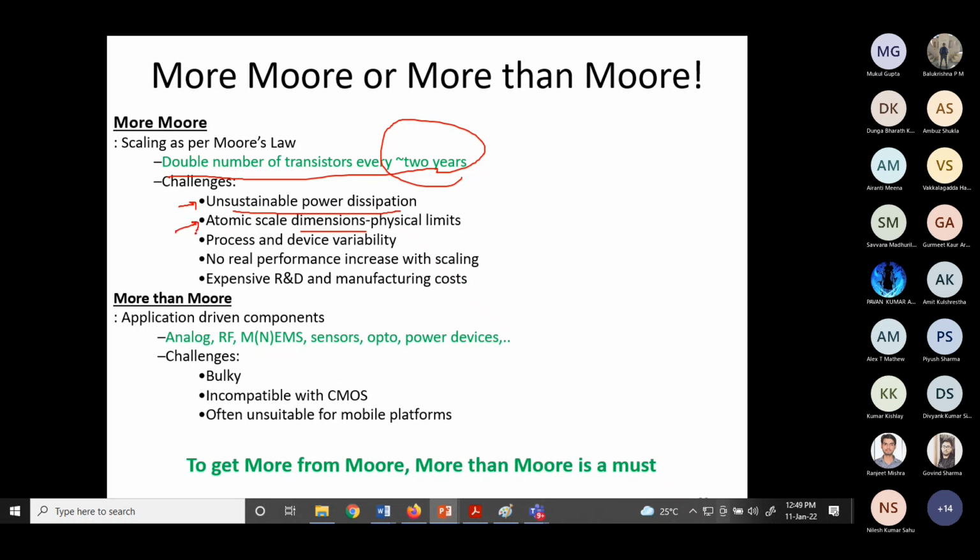Every 2 3 years you need to develop a new technology, which is not easy, because when you sell something, it's not only the price of that component, the price of that chip depends on many other things. Price of the chip depends on how much research you have carried out, what is in the back end, okay, how much manpower is involved in that research, what are the new equipment you develop.